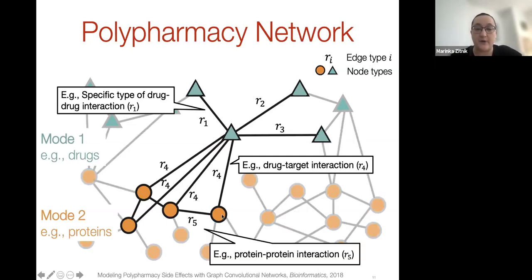And so that gives rise to the second mode of information represented by orange circles encoding human proteins and interactions between those proteins in cells. So the polypharmacy network is then a knowledge graph with 2 types of entities, proteins and drugs, and a large number of edge types that indicate various kinds of side effects, as well as drug target edges and protein-protein edges.